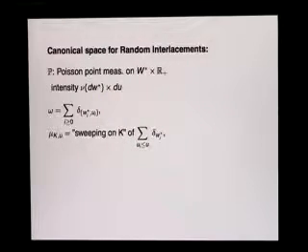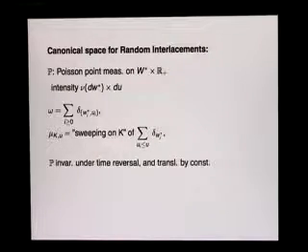So this is solving the problem that I had indicated, and a remarkable property is that the P that you obtain is both invariant under time reversal and by translation by constant. So you have this translation invariant model I was talking about, and also you have for free the fact that it is invariant under time reversal.